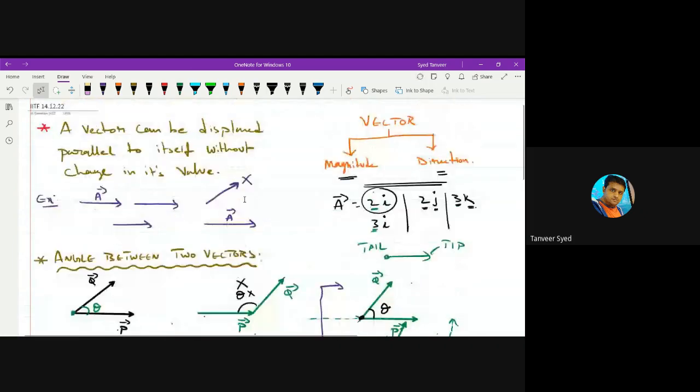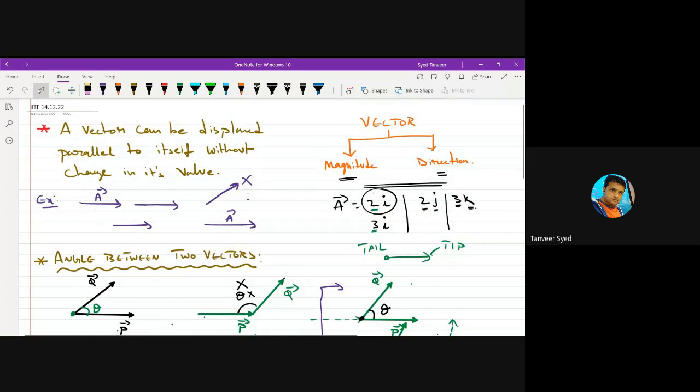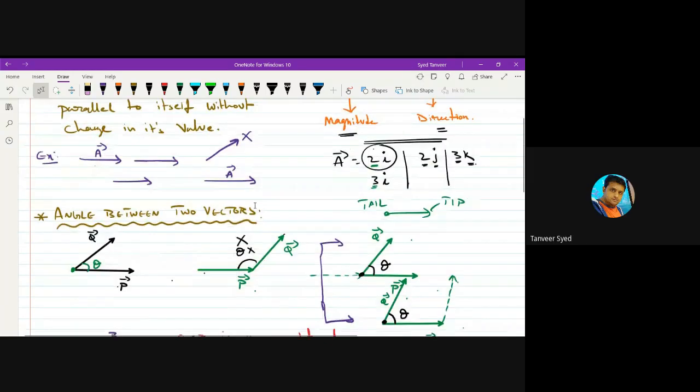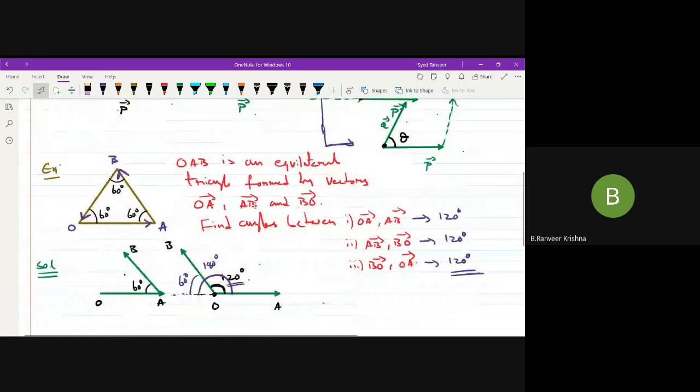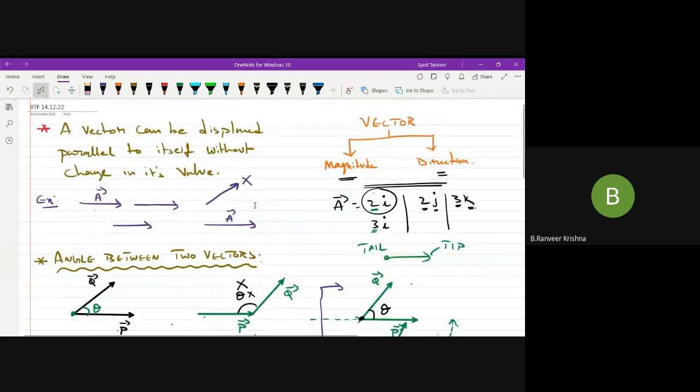So these are two important points. You can displace a vector without changing its direction by moving it parallel to itself. That means we can displace a vector without changing its magnitude.